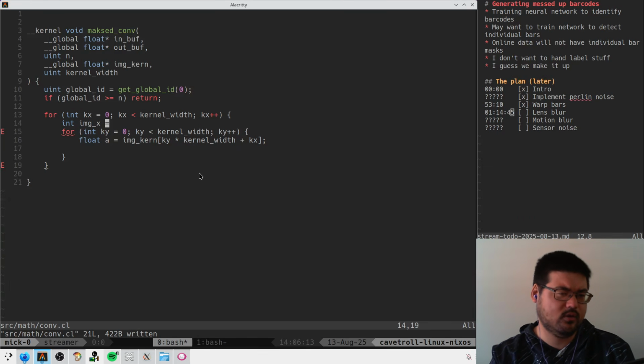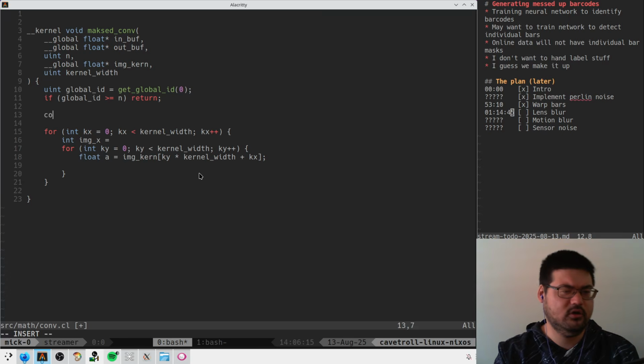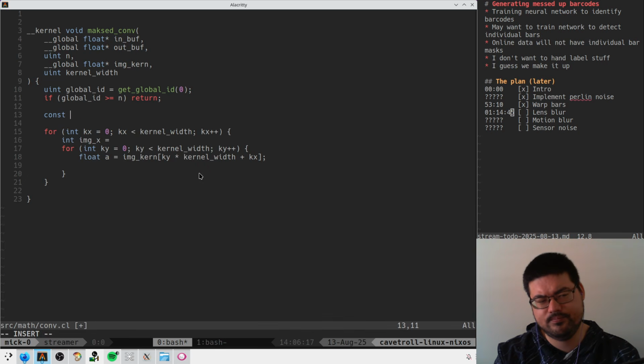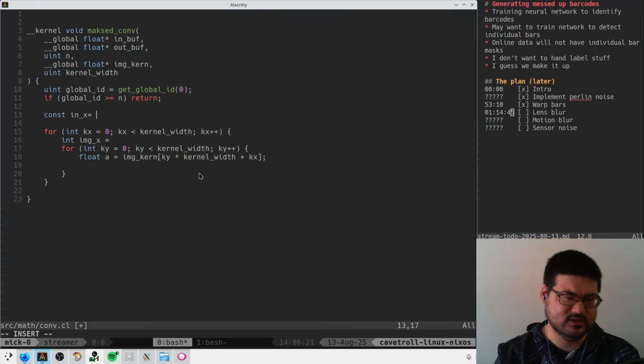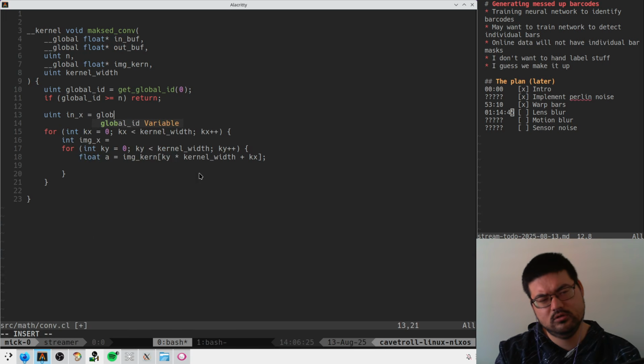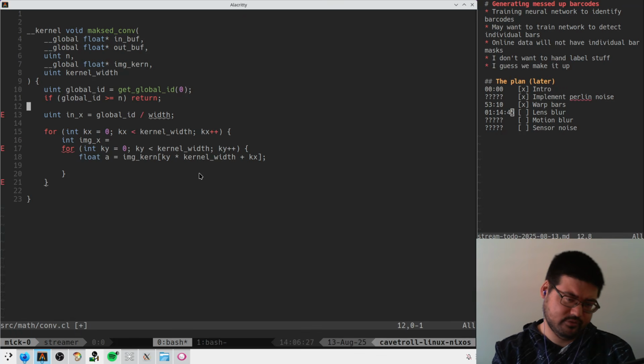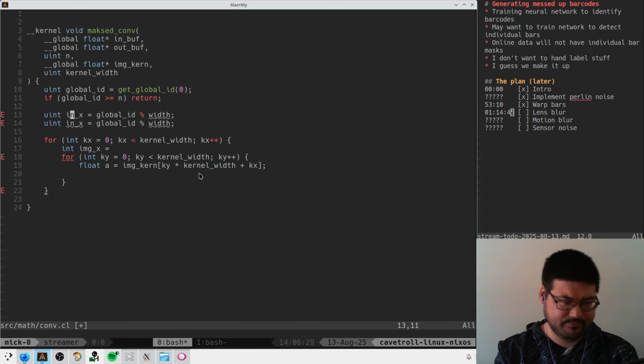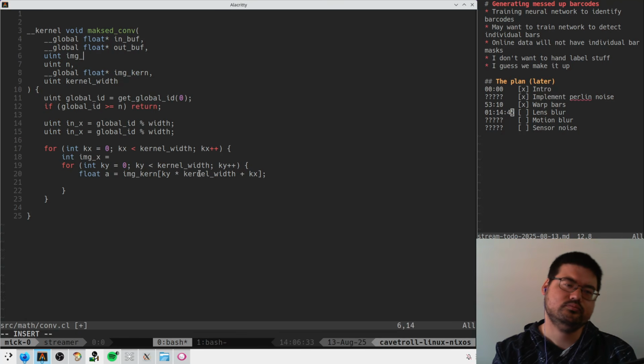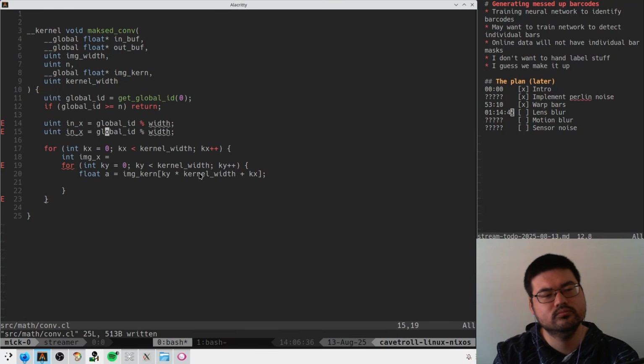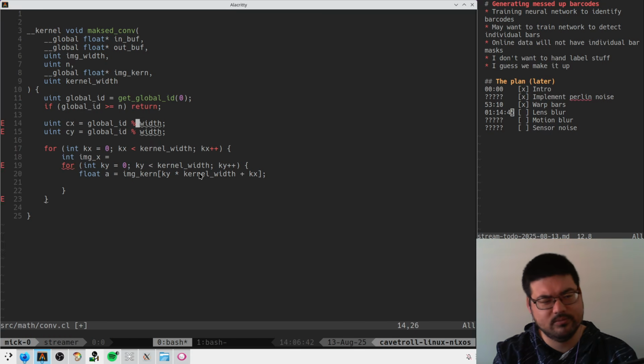So here we have our in x, I guess, is global over width, percent width. I guess we want a uint image width. I don't know, center, maybe.